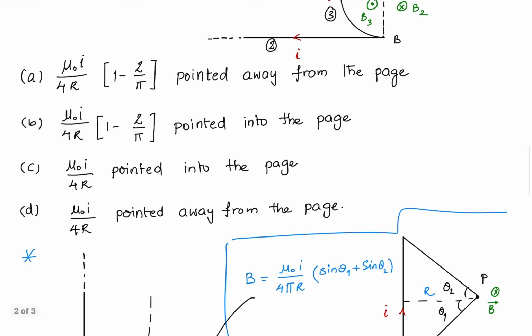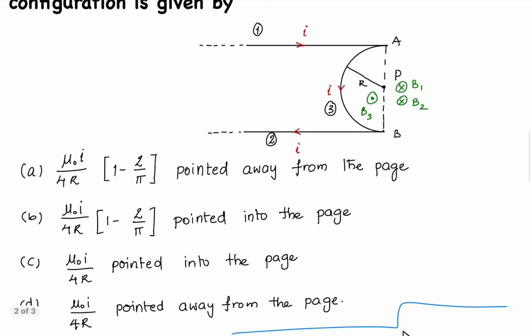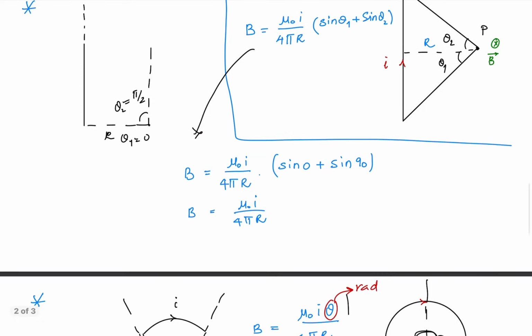Now, by the general formulas that we already have, the perpendicular distance from wire 1 to the point P is r. From wire 2 to the point P, it is r again. And this semicircular wire is also of radius r.